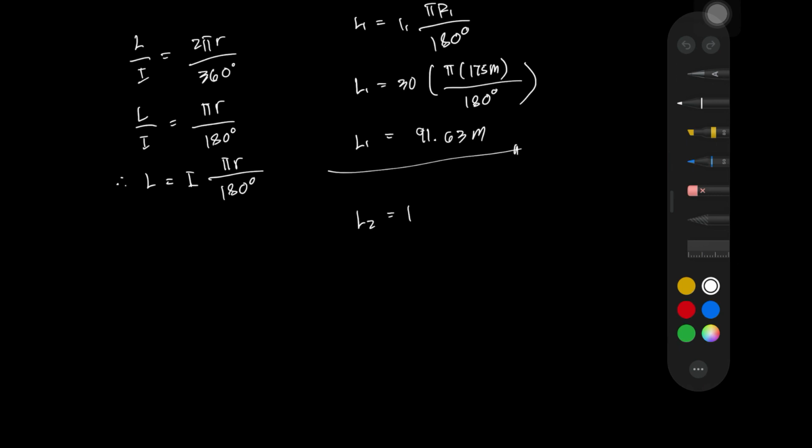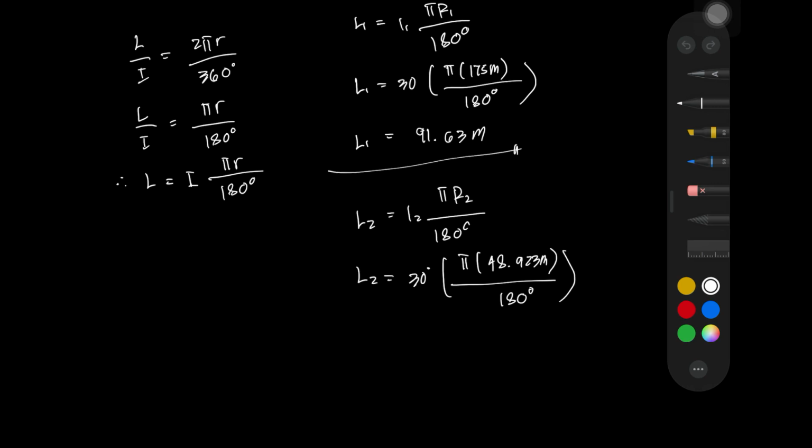L2 is equal to I2 multiplied by pi R2 over 180 degrees. So L2 is equal to 30 degrees multiplied by pi times 48.923 meters over 180 degrees.